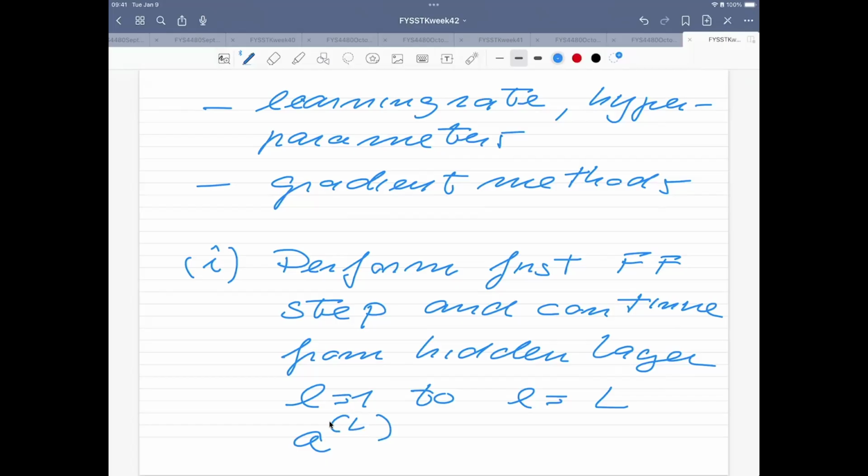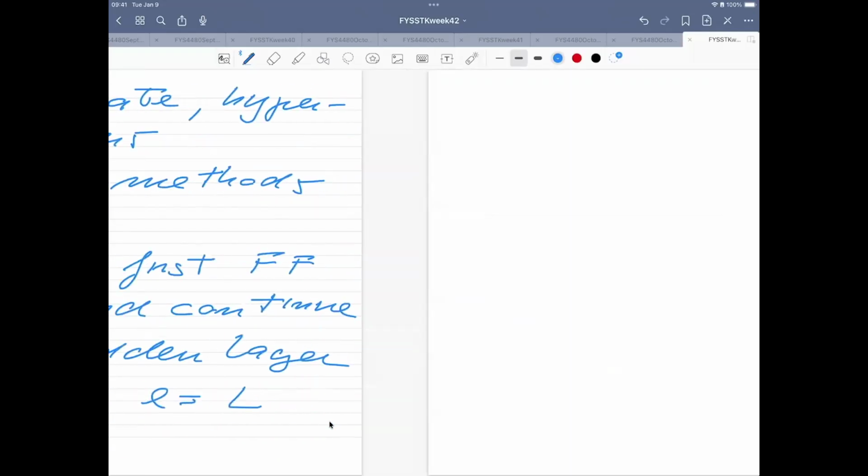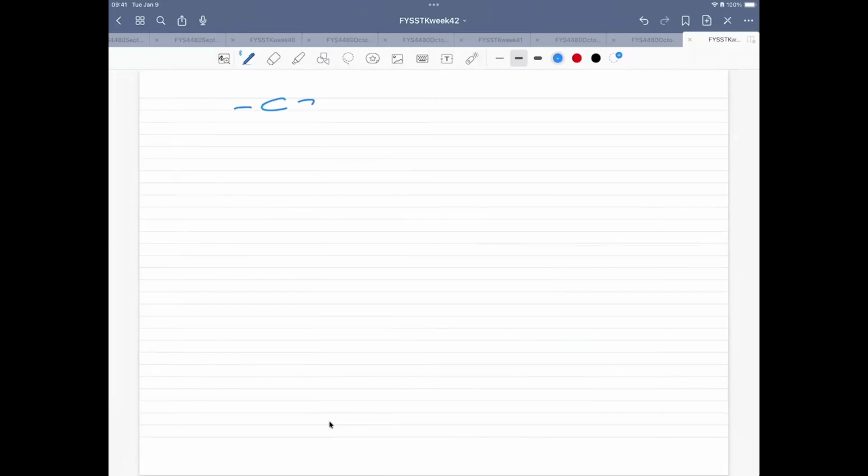When you've done that, then you do the back propagation part. So what you would do is that you compute this delta JL. And then the next step, back propagate.